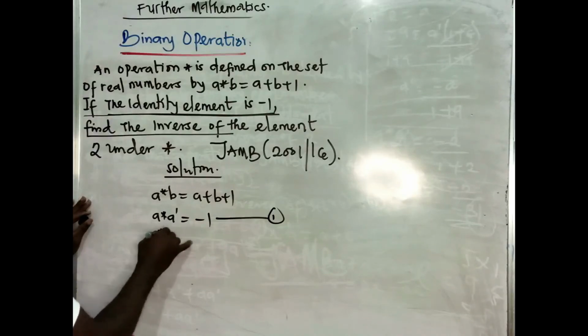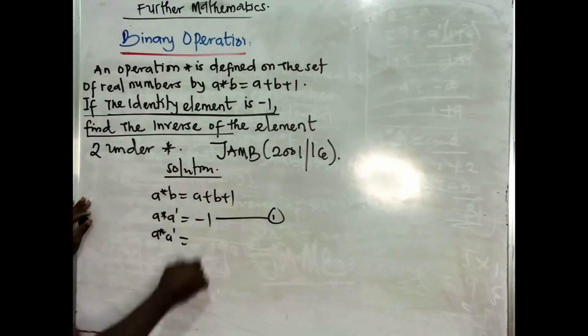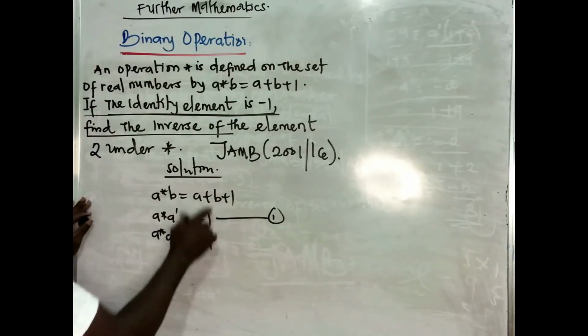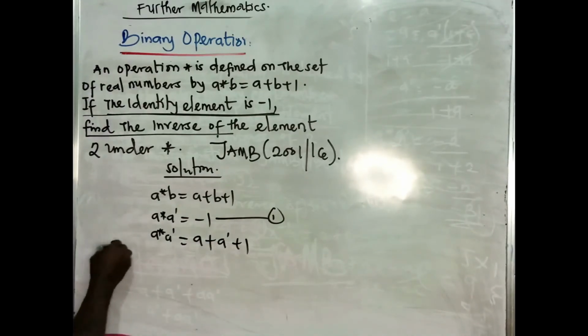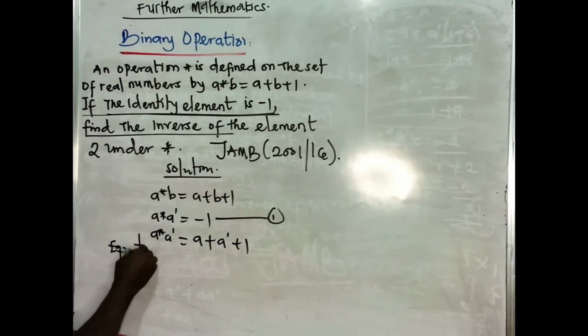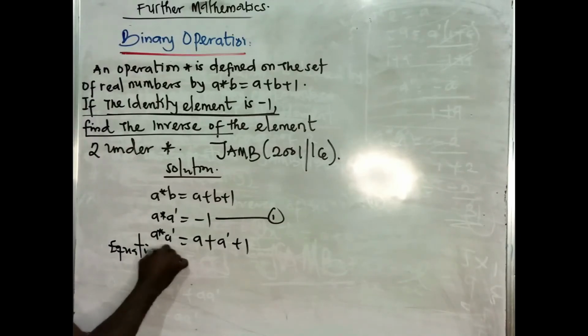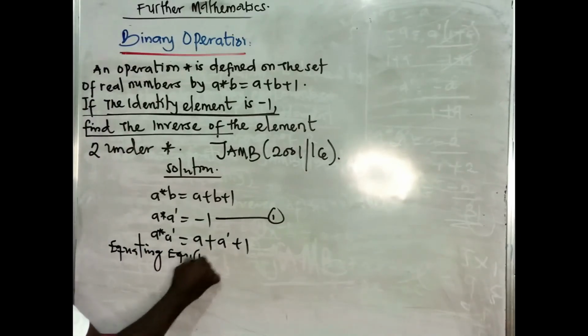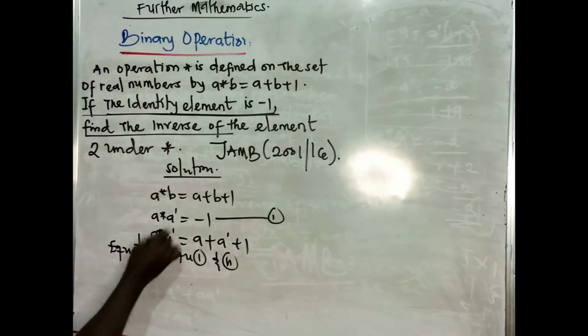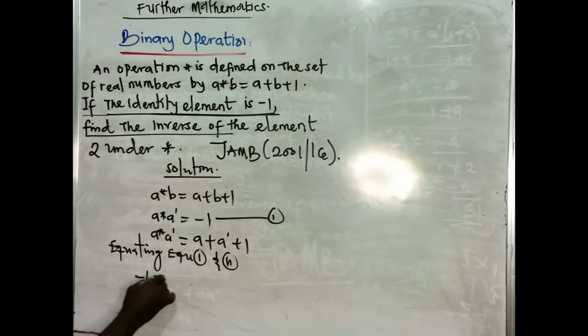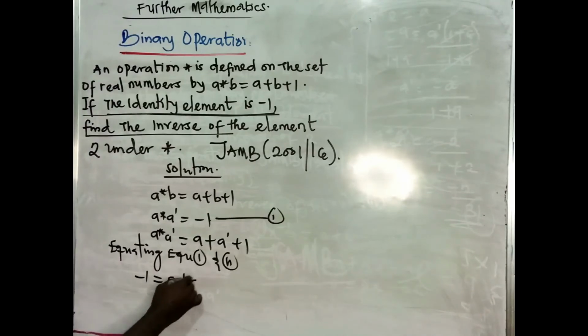So a operation a inverse, putting the inverse into the expression, becomes a plus a inverse plus 1. Equating equation 1 and 2, this becomes minus 1 is equal to a plus a inverse plus 1.